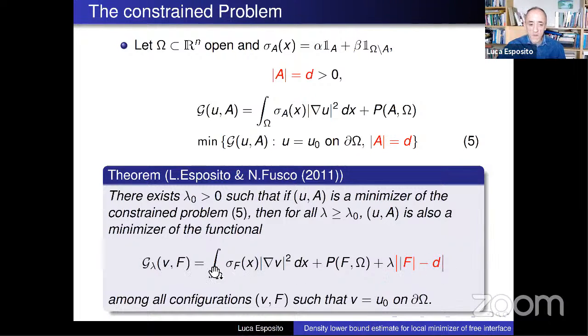And this is an unconstrained functional. So for this functional, you can perform all the variations you like. You can take all the competitors you like. You are not constrained to preserve the measure of the competitor.